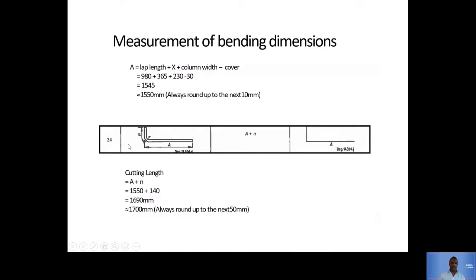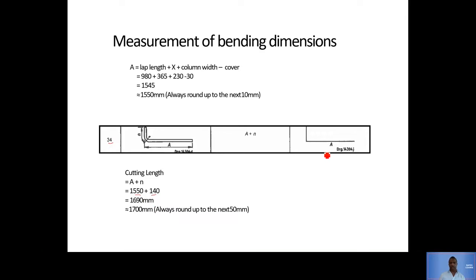Okay, so this one is a shape code. This type of bar that goes to the end is shape code 34. It's got a dimension of A and also an N. So to get the total length of it, A is given as 155, and then A is given as 140.